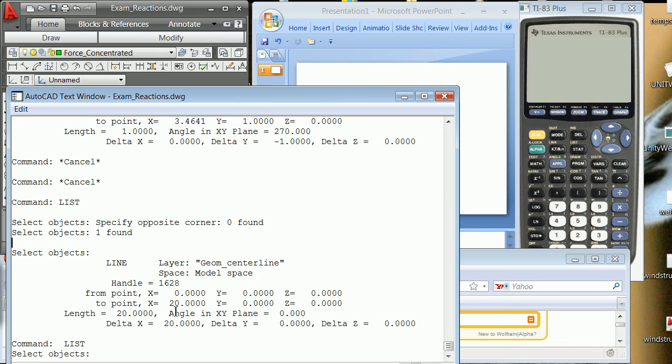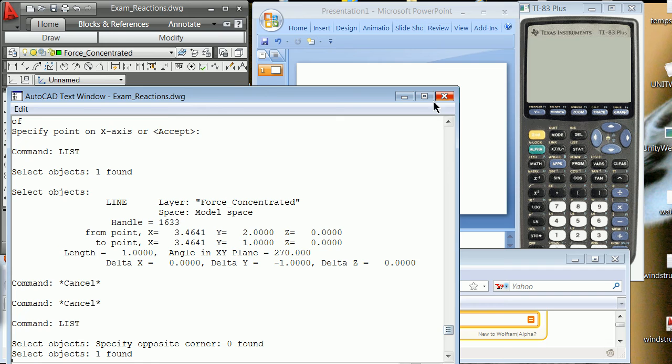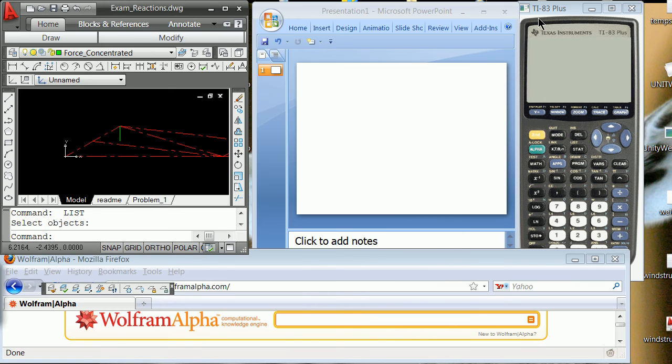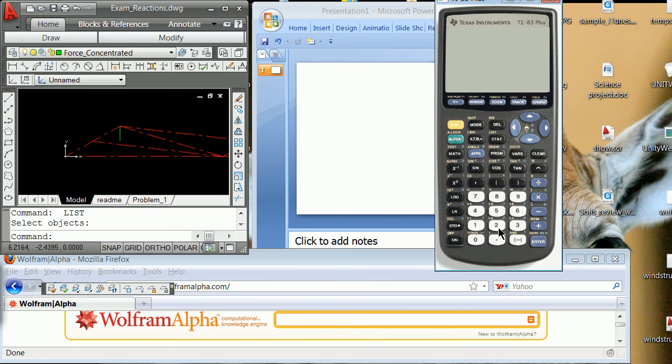For the reaction there is going to be 20 minus 3.4641, divided by 20. Remember the lever rule. 20 minus 3.4641 equals, divided by 20 equals, times the 100, 81.8.